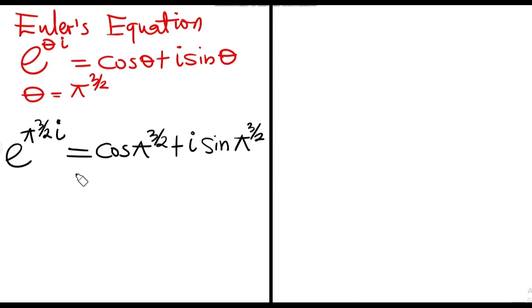If I use a calculator to solve this further, what am I going to have? Cos of pi raised to the power of 3/2 gives me 0.995, then plus sine of pi raised to the power of 3/2. What is it going to give me? That gives me 0.097 i. That is my final answer.